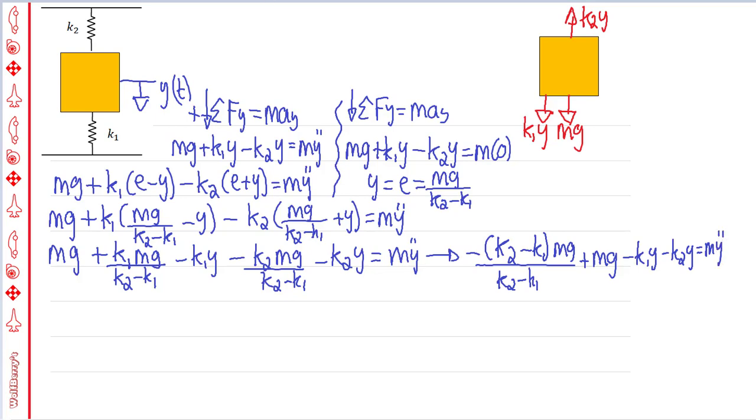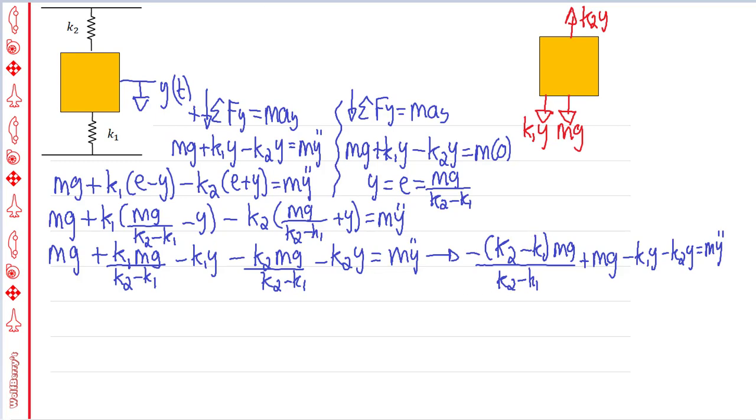Now you can test that by expanding this bracket. If you expand this bracket, you get minus k2 plus k1, which is what you have here, minus k2 plus k1.